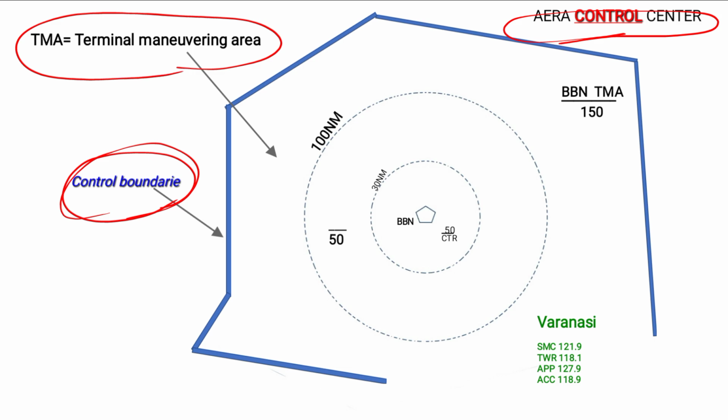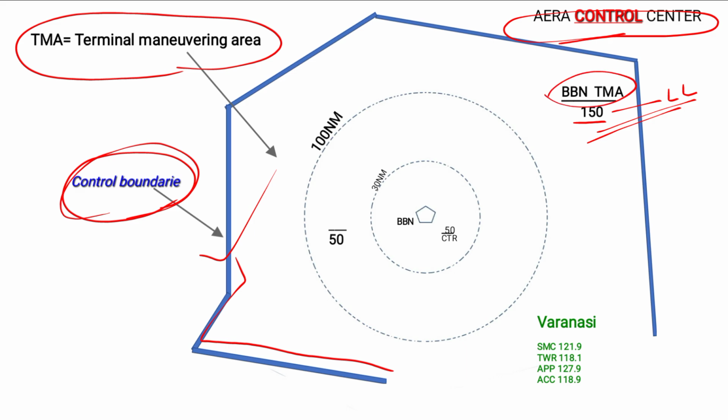Now, the horizontal distance will be indicated with respect to this control boundary. The vertical airspace will be given here. The lower limit is like 15,000 feet. In the last slide we saw that the approach airspace terminates at 15,000 feet. In the same way, the area control center airspace will begin at 15,000 feet.